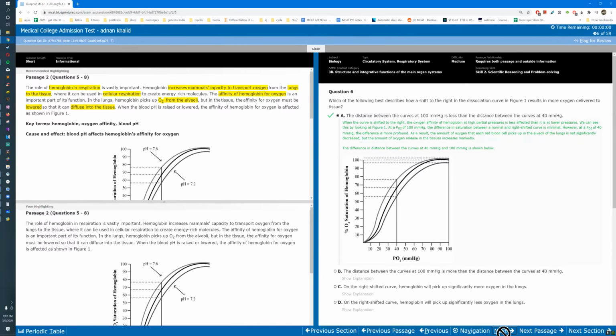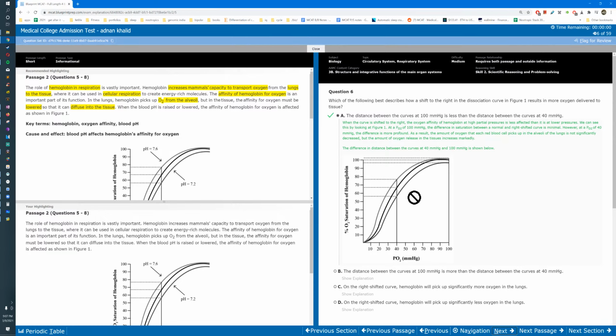Yeah, this one was a little weird at first. So how a shift to the right results in more oxygen delivered to tissue. At first I was just looking at, let's say, this, right? This is the saturation at this partial pressure.